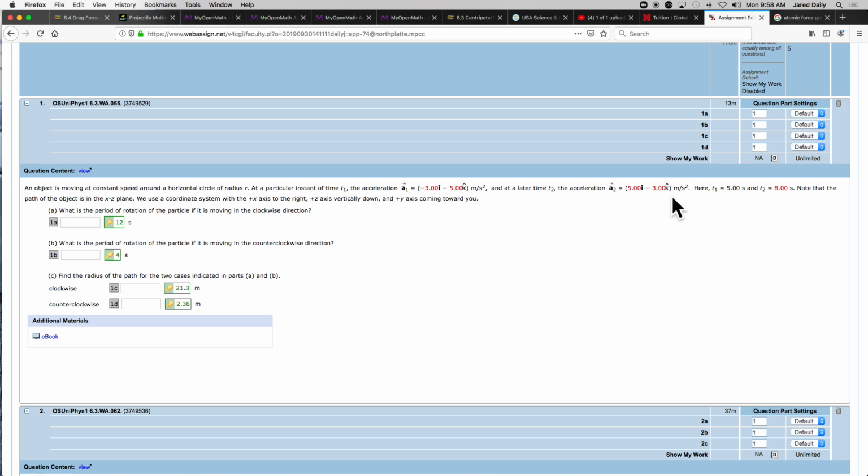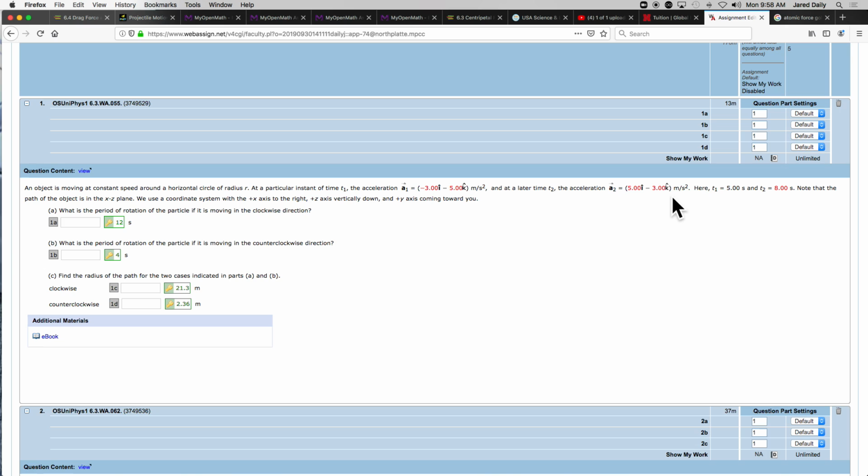Negative, negative. Yeah, but this is the opposite. No, it's not where it is, it's where it's pointing. This one is pointing in the negative, negative. So it's pointing that way, so it has to be on this part of the circle, because that acceleration has to point towards the center of the circle. So if this is a negative, negative, pointing this way, it has to be here. Can't be anywhere else.